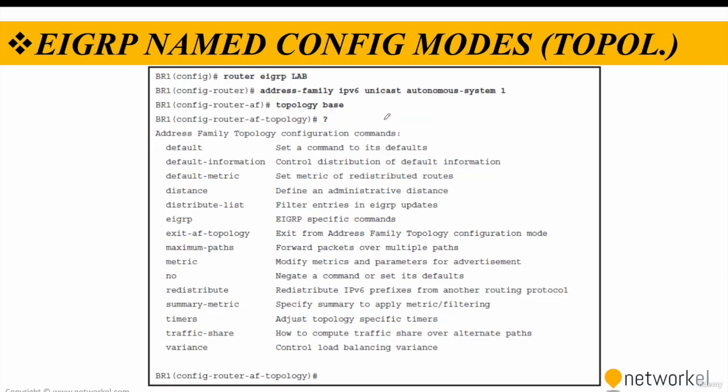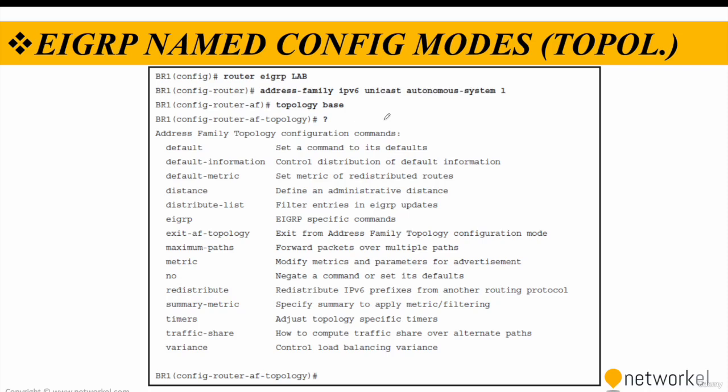And also in EIGRP named mode, we have something called topology base. The topology base command is used to configure the EIGRP topology table, which plays a critical role in the route calculation process. So this command helps manage how EIGRP stores and processes the routing information.